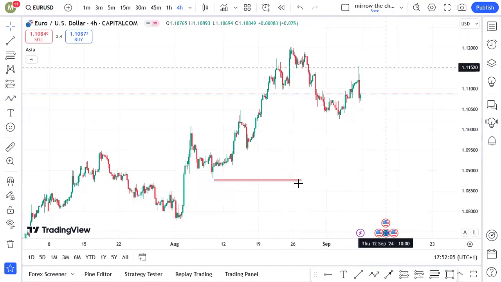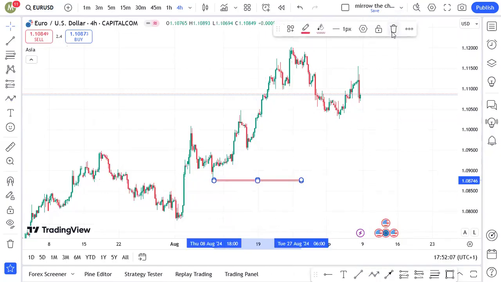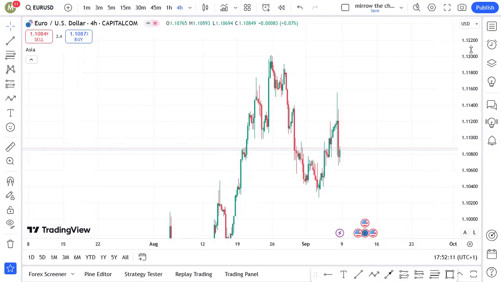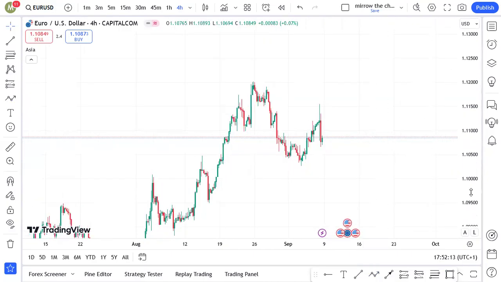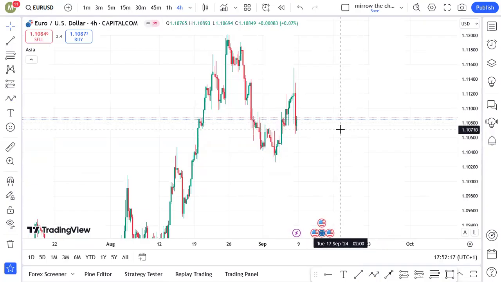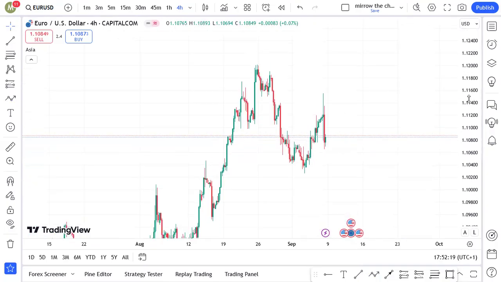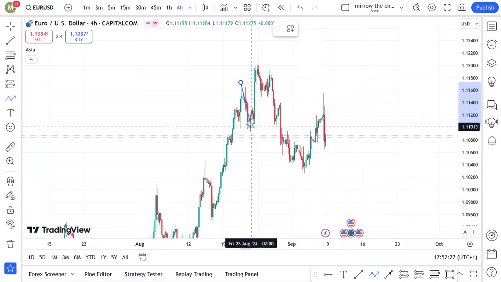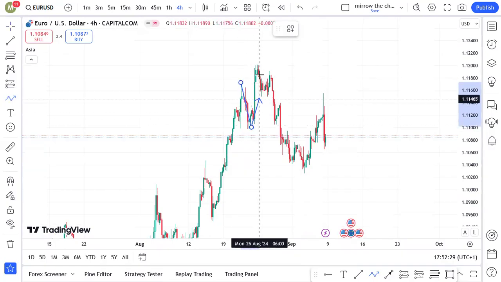Now, let's dive in with a chart and see. This is the 4-hour EU chart, range structure. Now, what are the variants of a range structure after explaining with a chart? Let's go forward again. Look at this. Price made a high here, came back here and made a low.